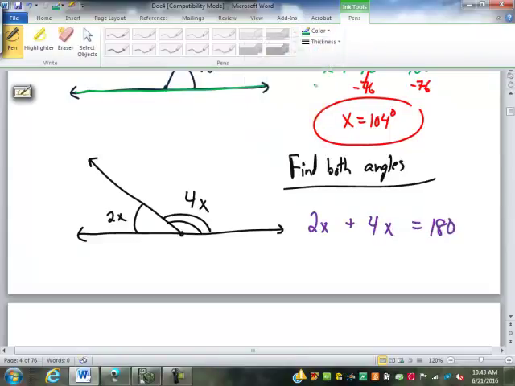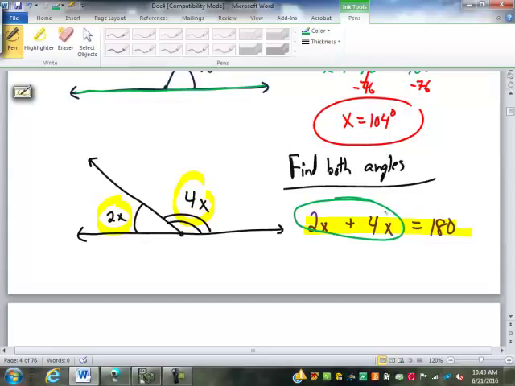Now I'm going to pause there. Any questions on where this equation came from? We're just adding the two measurements to get 180 degrees. Now what can we do to solve that equation? Well, we can combine. Perfect.